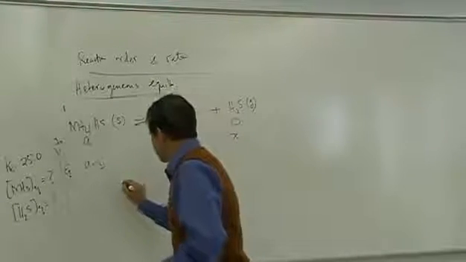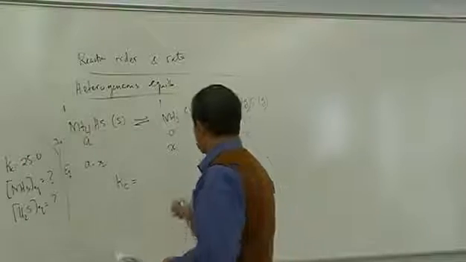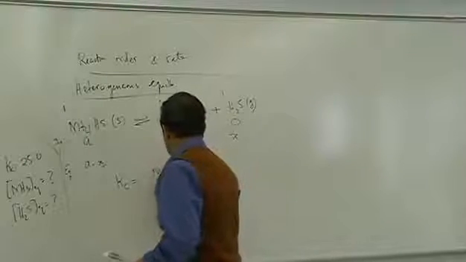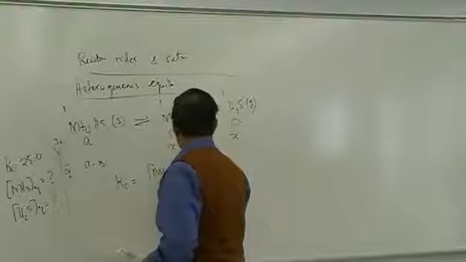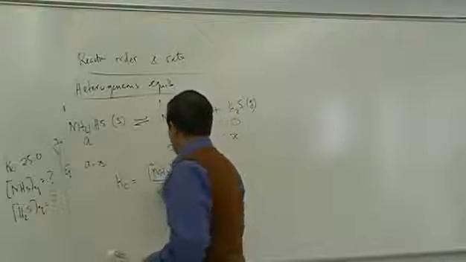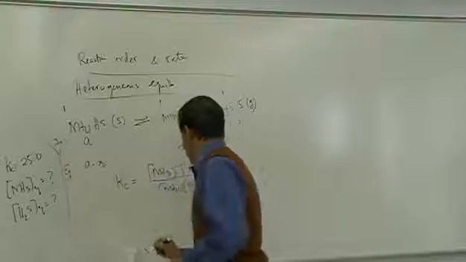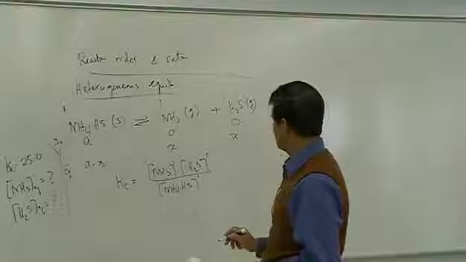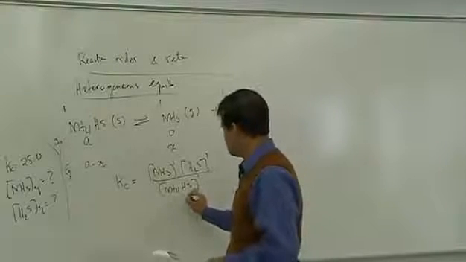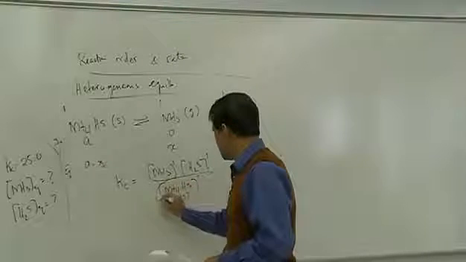Now let's write down the Kc expression. First, pretend that this is homogeneous. So you have NH3 on the top raised to the power 1, H2S raised to the power 1 because the coefficient is 1, NH4HS raised to the power 1. Now you apply the rule here that this is a solid mixed with a gas, and we are going to ignore the solid.